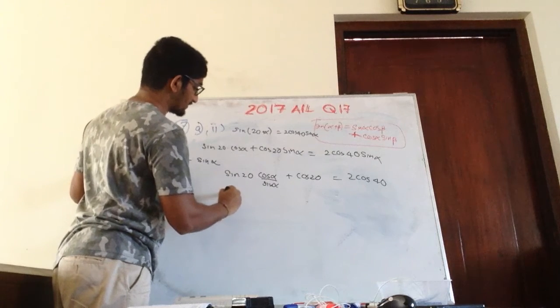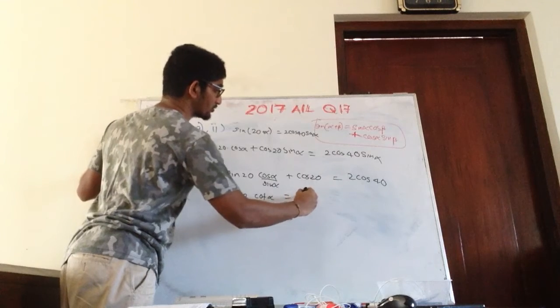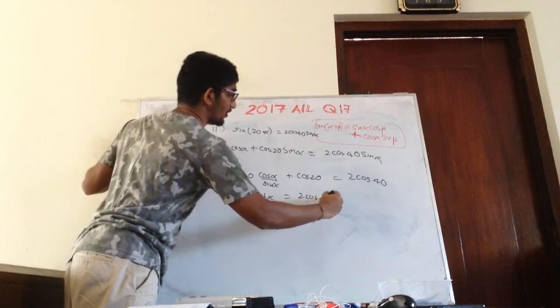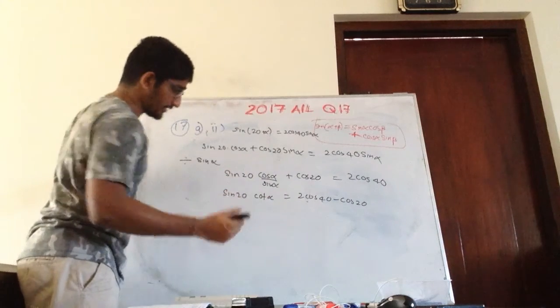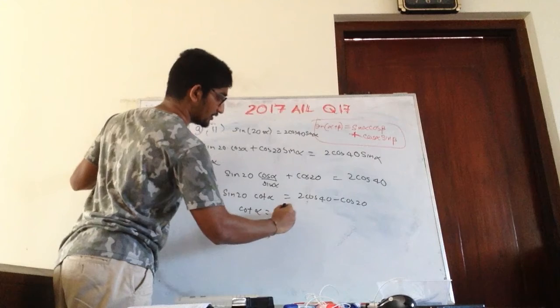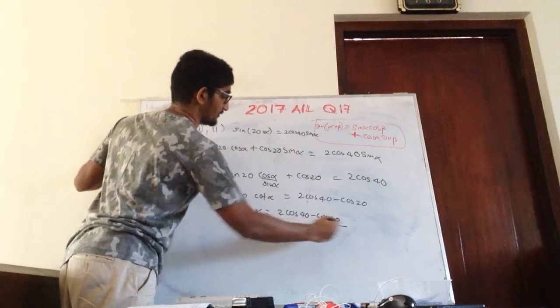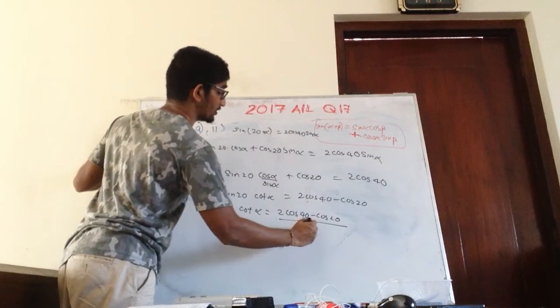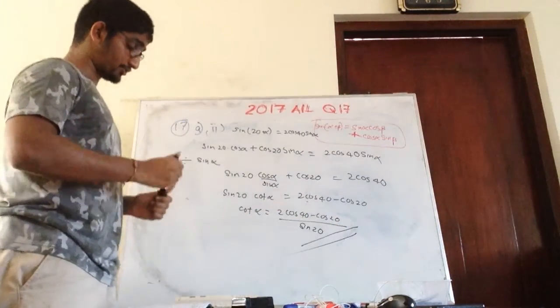So I will get sin 20 cot alpha equal to 2 cos 40 minus cos 20. Right? So then I'll get cot alpha as 2 cos 40 minus cos 20 over sin 20. So this is what they are asking us to show.